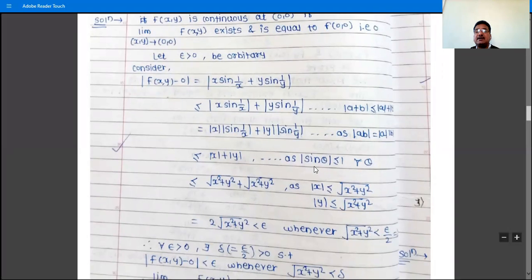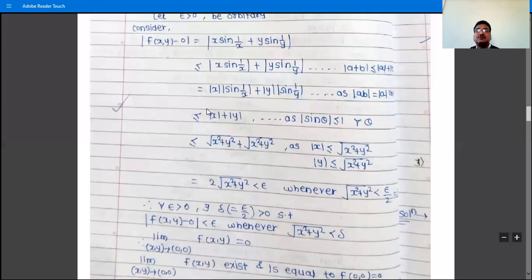Substitute the values as 1, because mod sine theta is less than or equal to 1 for all theta, and 1 is the largest value, the upper limit. So less than or equal to mod x, substitute the value of this quantity as 1, substitute this quantity as 1, we have this. And this is root x square plus y square. Mod x is less than or equal to root x square plus y square, and mod y is also less than or equal to root x square plus y square.